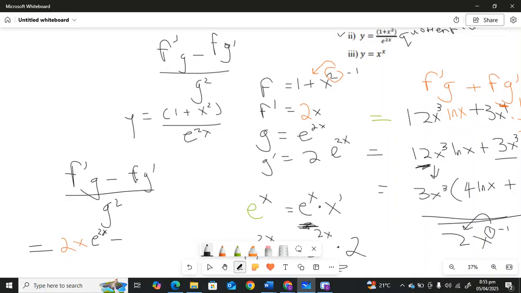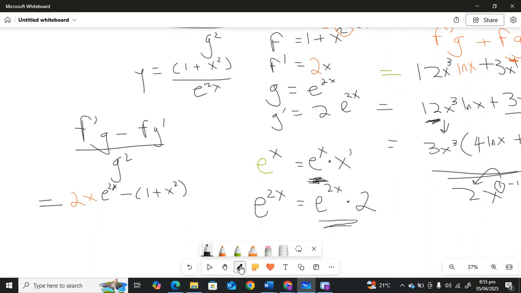Minus f is 1 plus x squared. G prime is 2e to the power 2x, over g squared.